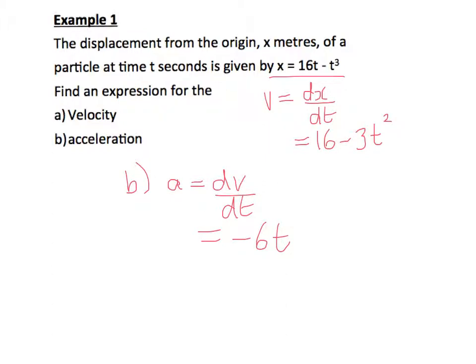Too easy. For example, a particle is moving along the x-axis so that its displacement after t seconds is given by this. Find the position of the particle initially. Remember, initially means when t equals 0, and after 7 seconds. So for part A, we'll first find the position of the particle when t equals 0, just by subbing in t equals 0.